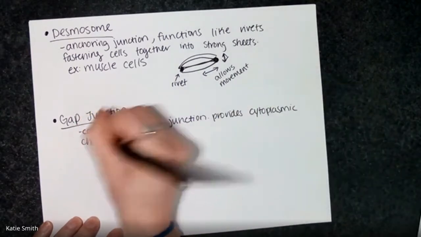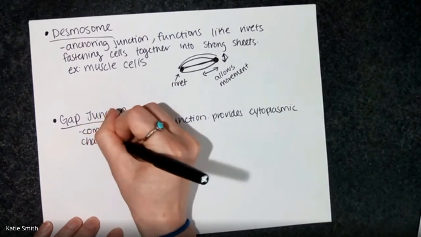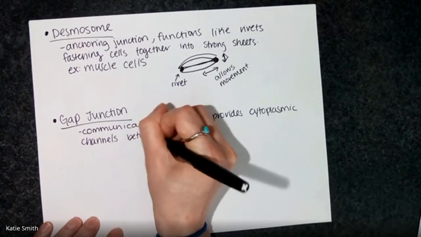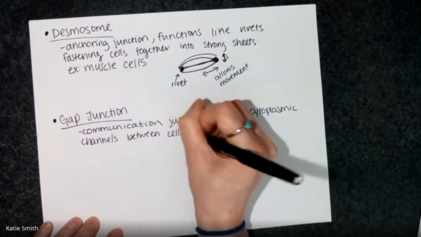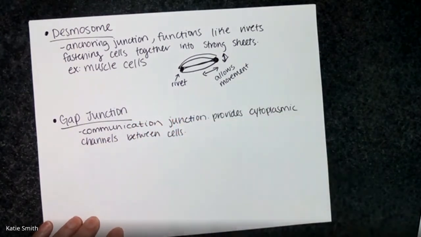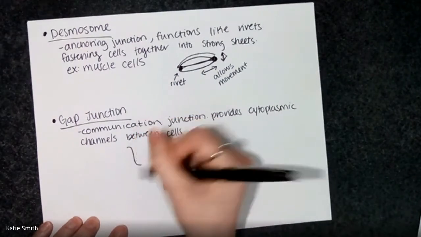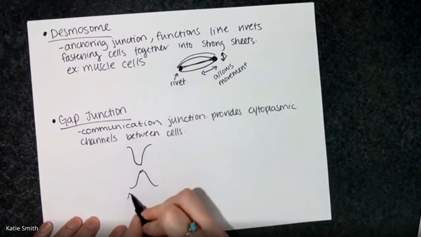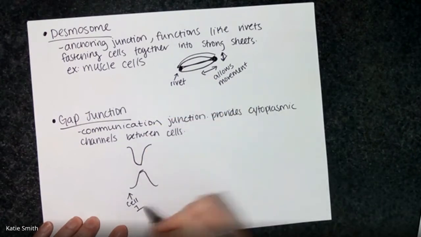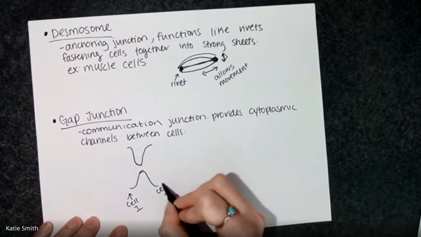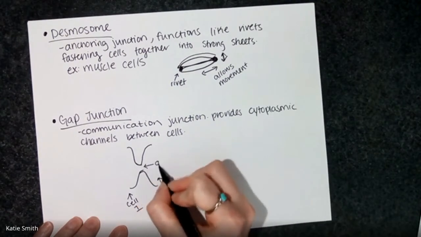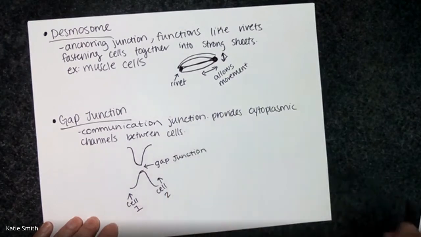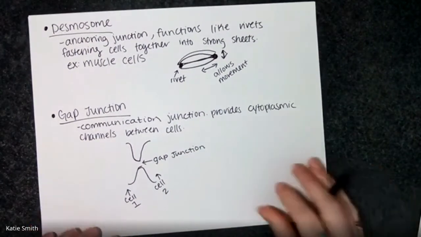So this is very similar to a plasmodesmata, just minus the cell membrane or the cell wall. So it basically connects two cells just like a plasmodesmata, just without the cell wall. So this is cell 1, this is cell 2, this is your gap junction. So it's called a gap junction because it's quite literally a gap in the cell wall.